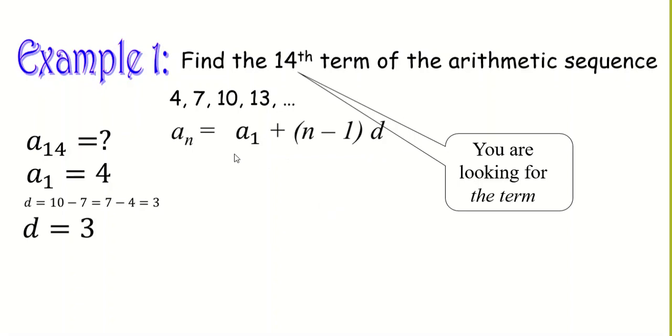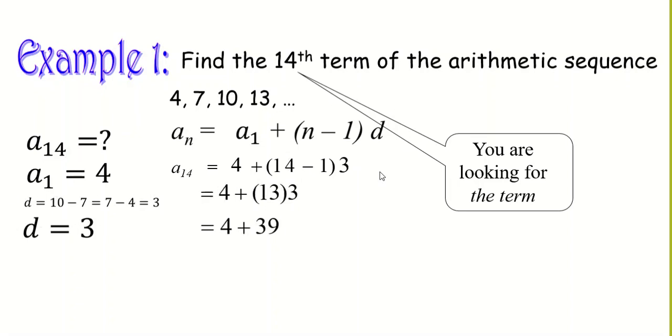By substitution, your a sub n is a sub 14, your a sub 1 is 4, and the quantity 14 minus 1. 14 is the subscript here, and 1 is constant here. And your d is 3. Therefore, your a sub 14, without listing the entire sequence, is 43.